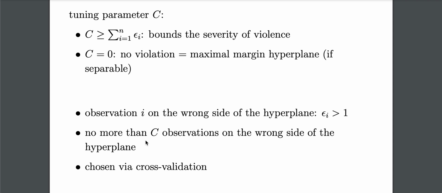Okay. No more than C observations on the wrong side. We talked about this. Observation on the wrong side of the hyperplane. C is chosen via cross-validation.